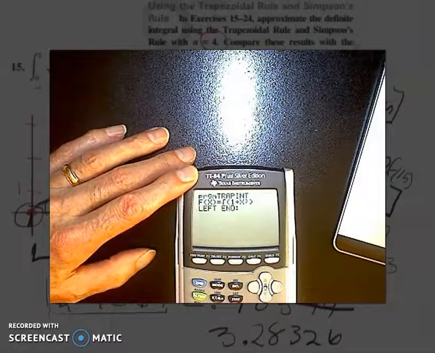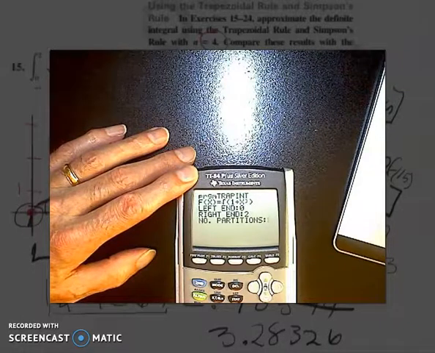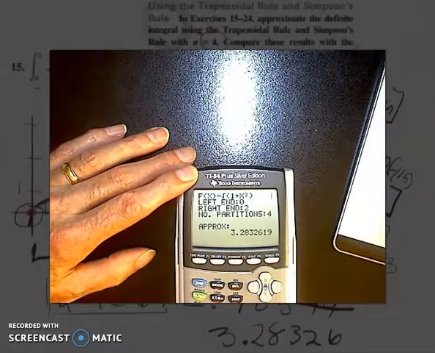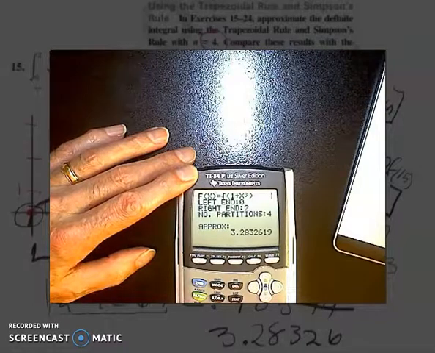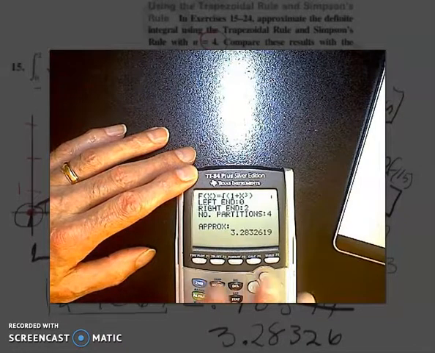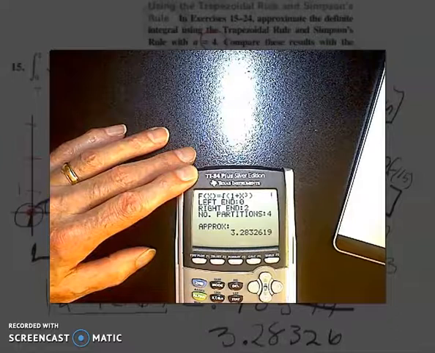Okay, and then we were going from 0 to 2. And how many partitions? I think it was 4. So, there's a number there as well. Okay, that should match what we did.